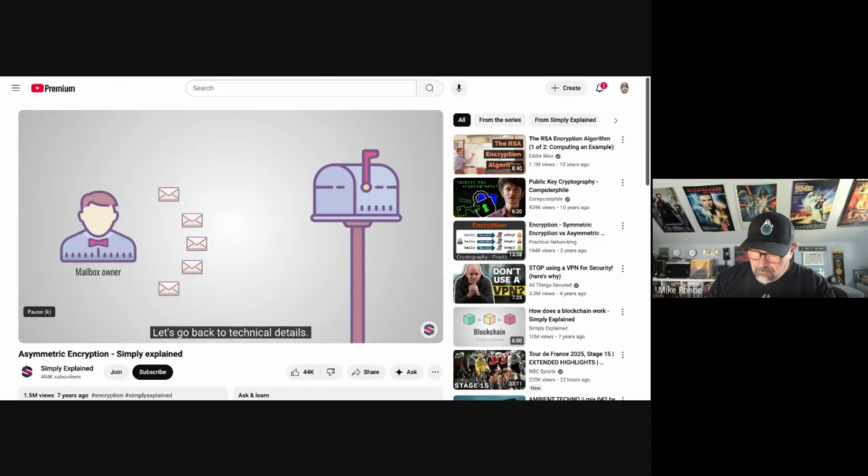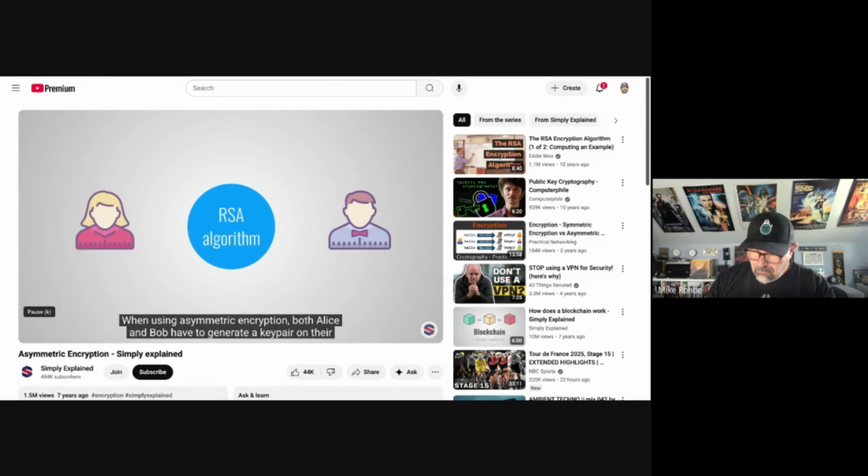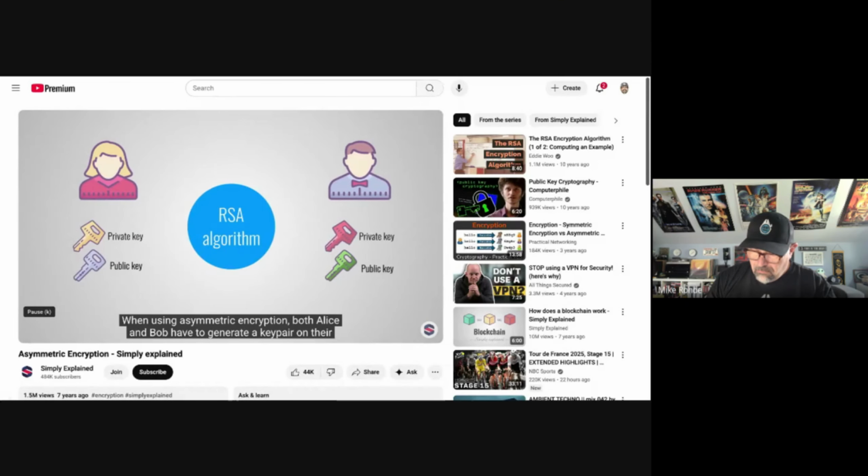So let's now go back to technical details. When using asymmetric encryption, both Alice and Bob have to generate a key pair on their computers. A popular and secure way for doing this is by using the RSA algorithm. This algorithm will generate a public and private key that are mathematically linked to each other. Public keys can be used to encrypt data, and only the matching private key can be used to decrypt it.